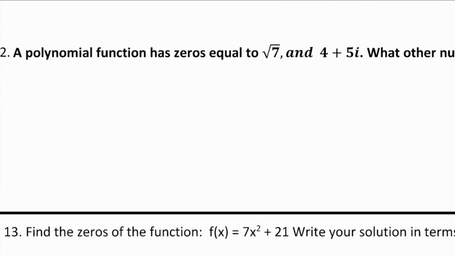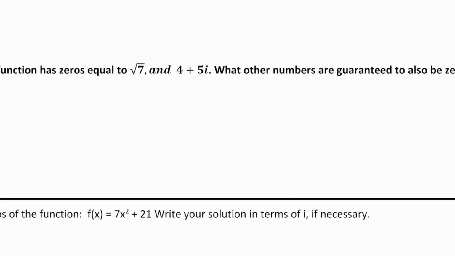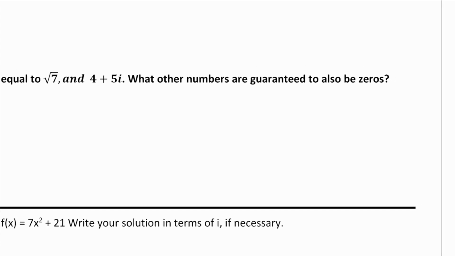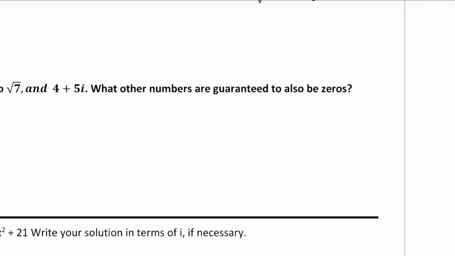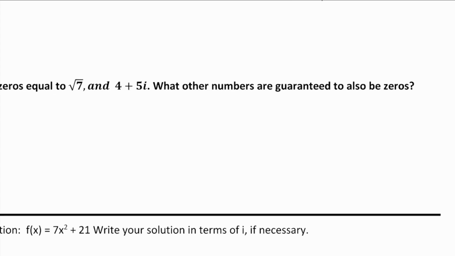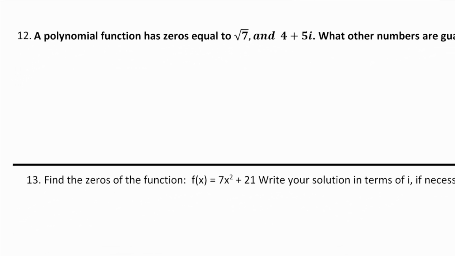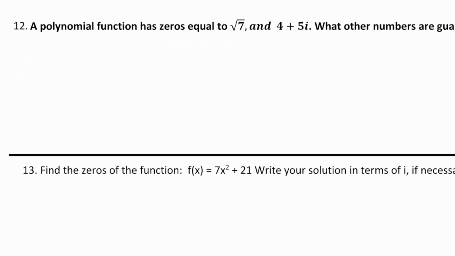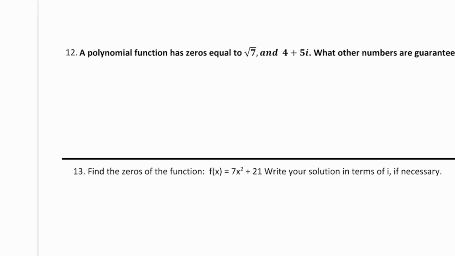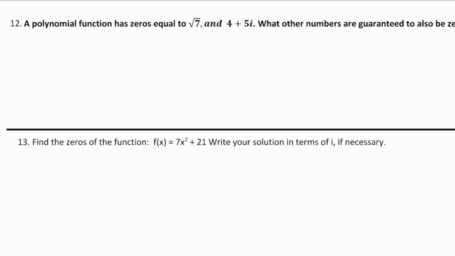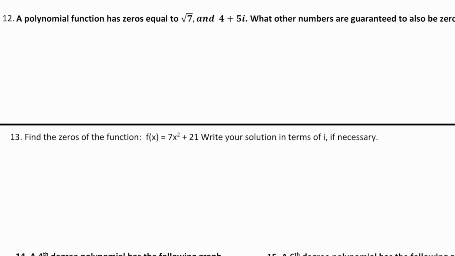This polynomial function has zeros equal to root 7 and 4 plus 5i. What other numbers are guaranteed to also be zeros? None, honestly. Looking at this question, there are no other numbers that are guaranteed to be zeros, unless the polynomial itself has rational coefficients.